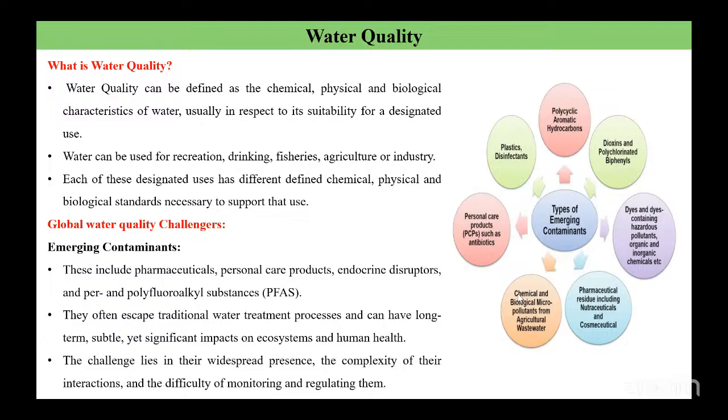These are all the types of emerging contaminants which are deteriorating the quality of water. They often escape traditional water treatment processes and can have long-term, subtle yet significant impacts on ecosystems and human health. These emerging contaminants cannot be treated by regular treatment processes like chlorination or disinfection using disinfectants.